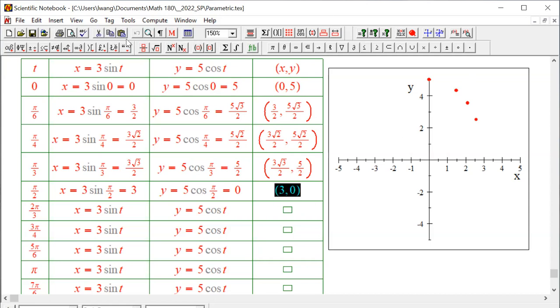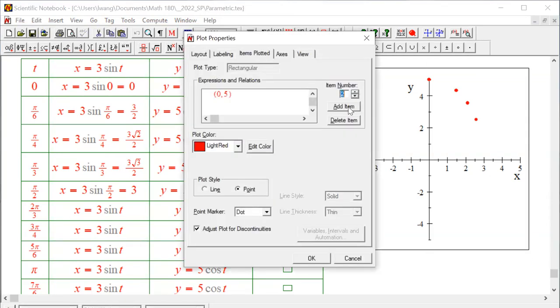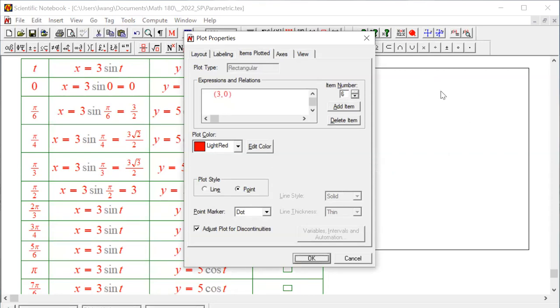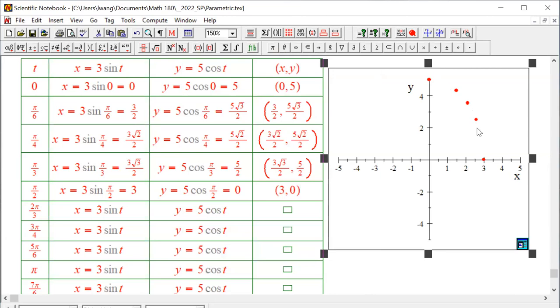Let me just put the points in place. And this is the ellipse, right? So the ellipse is going to be like this, symmetrical in 2 directions, about the y-axis and about the x-axis. So we already have a quarter. So the direction goes like this.